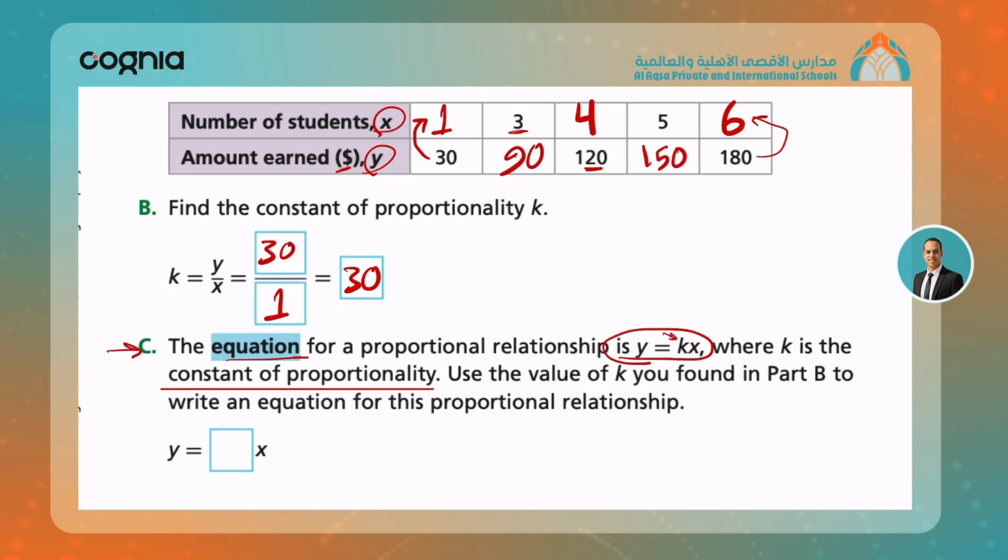You can write the equation. So use the value of k you found in part B to write an equation for this proportional relationship. So y equal kx, and k here is 30. So put here 30x. So always when you see an equation like this, it means we have a proportional relationship.